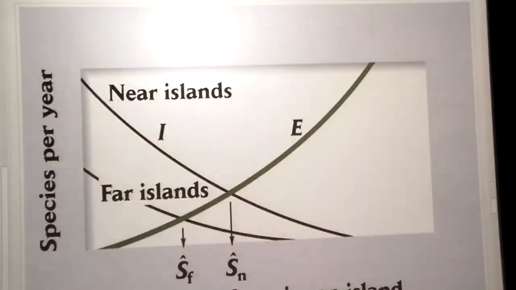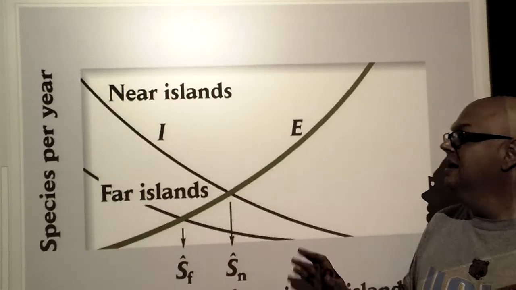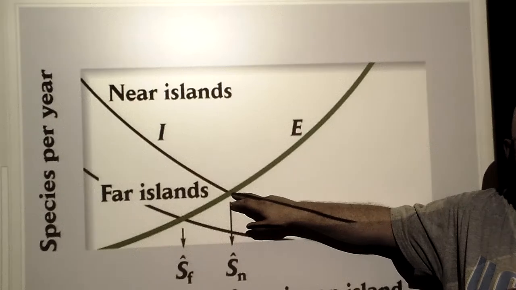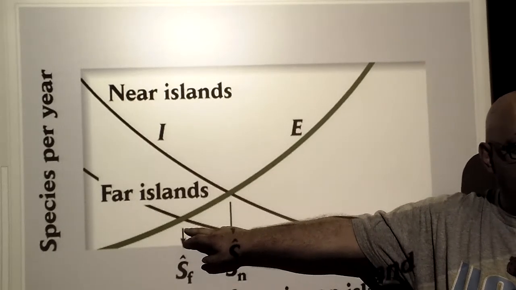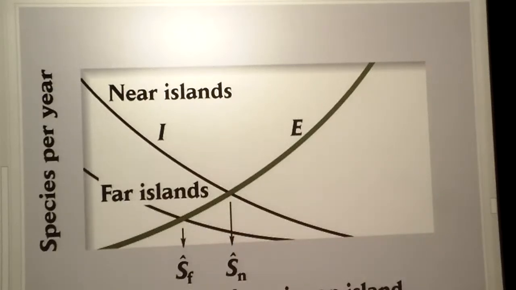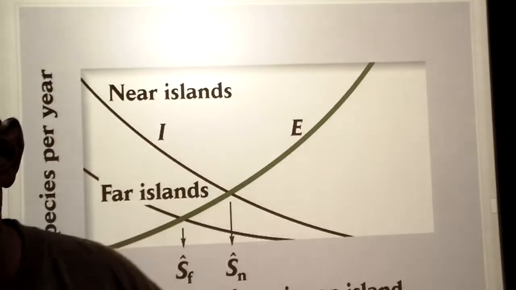Okay? As we're winding down here, if we look at the number of species on the islands, just looking at the distance, the near islands are going to tend to have more species compared to the islands that are further out. So in wrapping up, there are some things that you need to pay attention to. The distance from the mainland makes a difference for the island, okay?